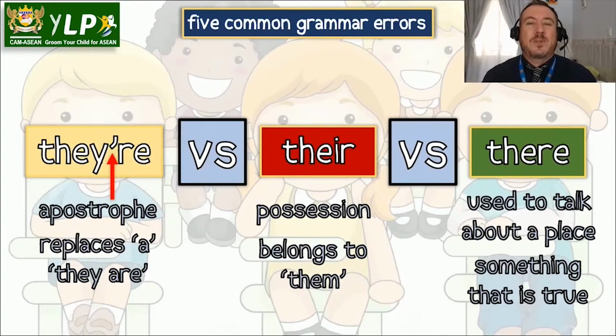Okay, so we use that to talk about a place. Or we might say something like, there are 3 phones over there. Oh, we've used there many times in that sentence. In that case, we're just using it to talk about something that is true. There are 3 phones over there. There are, meaning just something that is true. There are 3 phones over there.